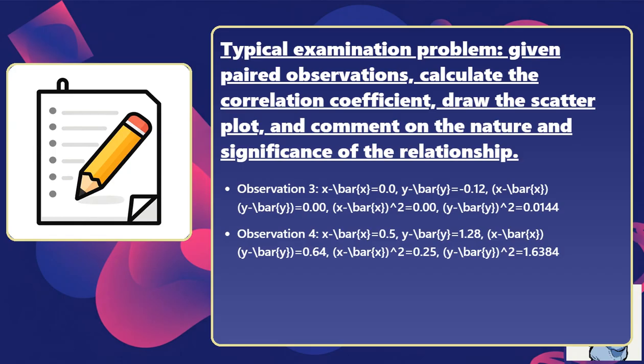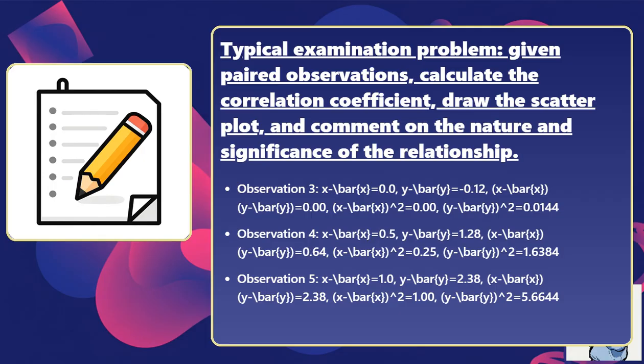X minus x bar equals 0.5, y minus y bar equals 1.28, their product equals 0.64, x deviation squared equals 0.25, y deviation squared equals 1.6384. Observation 5. X minus x bar equals 1.0, y minus y bar equals 2.38, their product equals 2.38, x deviation squared equals 1.0, y deviation squared equals 5.6644.